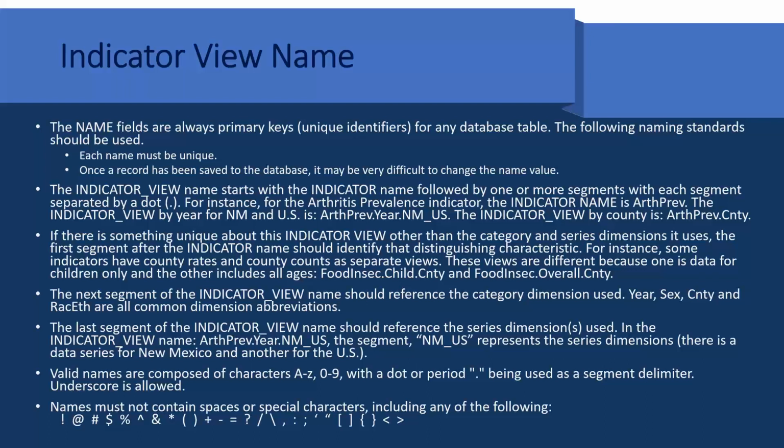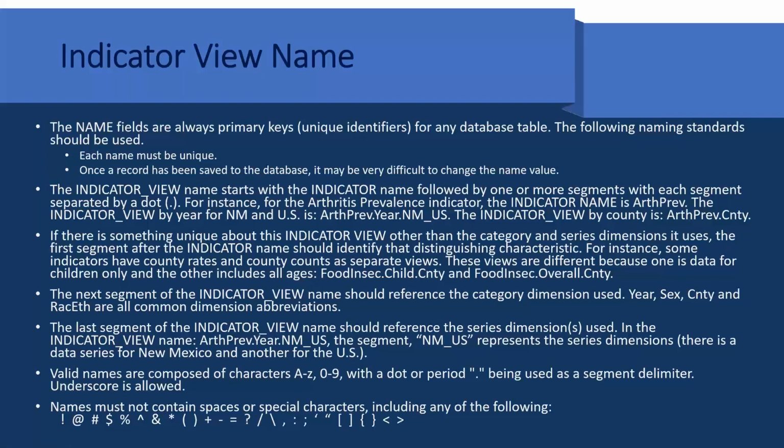And for an indicator view, what I typically do is, and it says on this slide, and then also in the help text when you're in admin, it starts with the indicator name, and then a dot, and then some segments. And I like to do the category dimension and the series dimension.